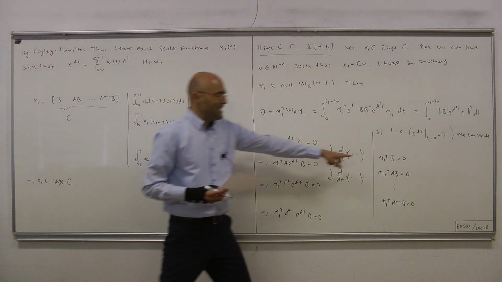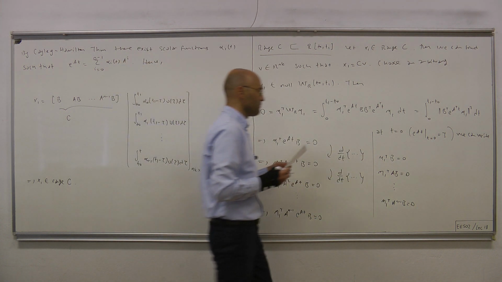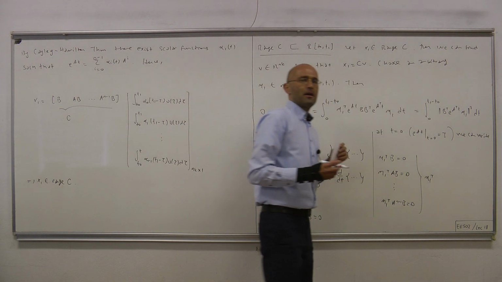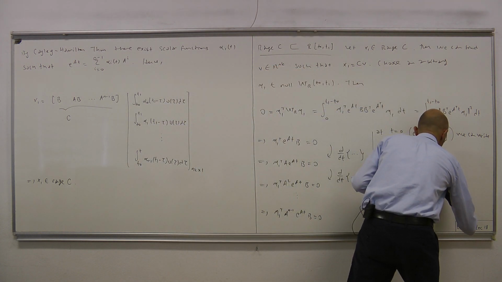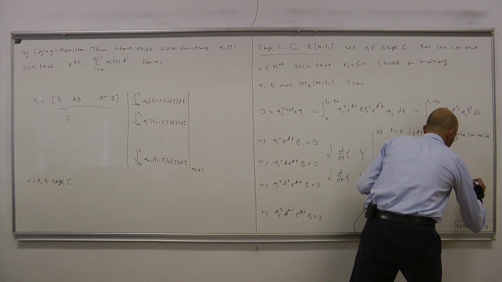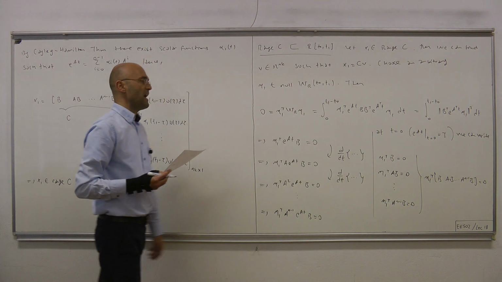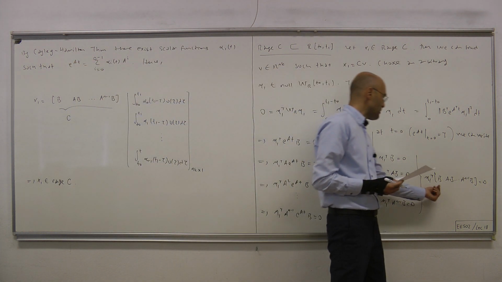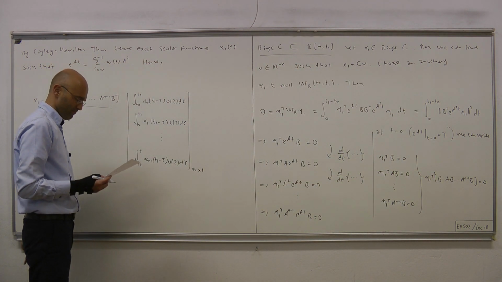These n equations can be written as a single equation, and if you do that, again the controllability matrix pops out. Okay, so eta 1 transpose times b, ab, up to a to the n minus 1 b, therefore must equal 0. So what we have obtained is that eta 1 must belong to the null space of the transpose of the controllability matrix. Okay.